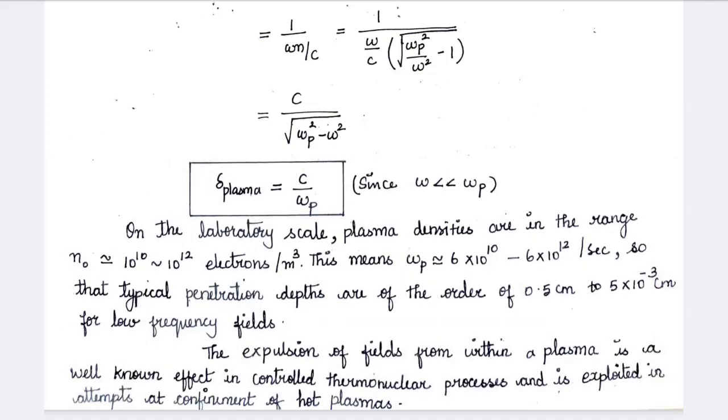This is a well-known fact which is observed in controlled thermonuclear processes, and this has been employed in confining hot plasma within a region. So the more the density of the plasma, the electromagnetic waves are expelled away from it.